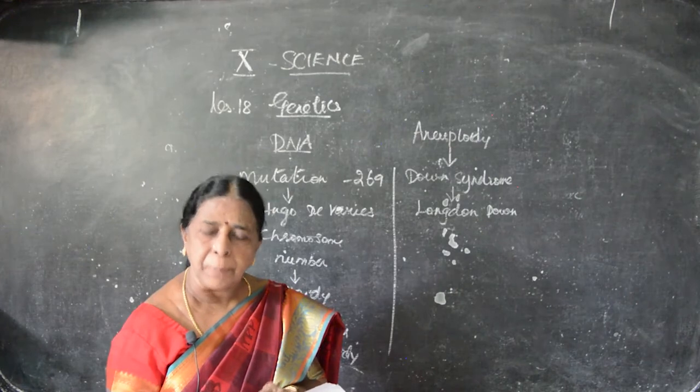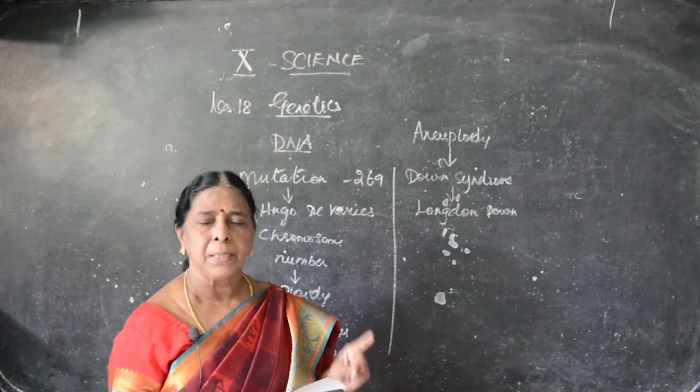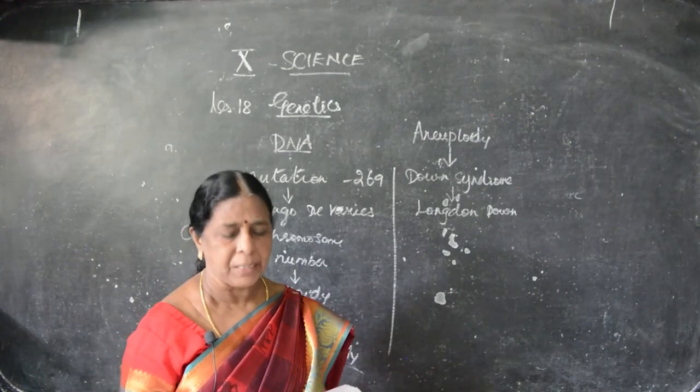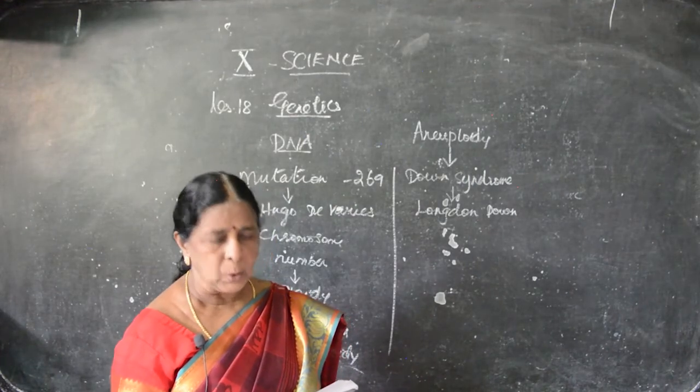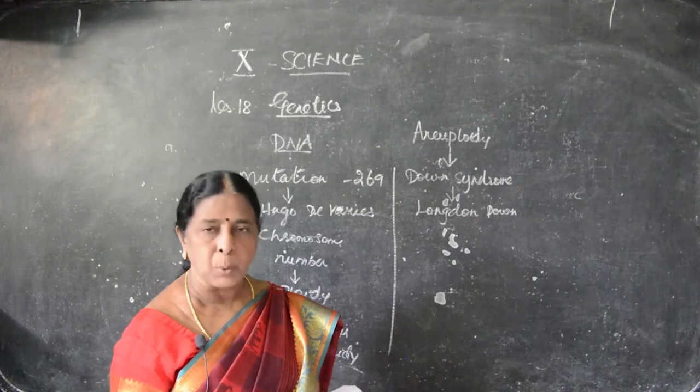Trisomy is 2n plus 1: to the diploid you add 1 more chromosome. Nullisomy is 2n minus 2, that is no chromosome of that type at all.